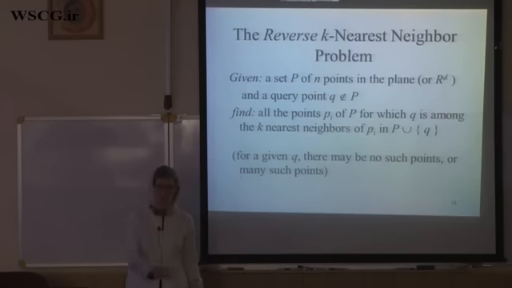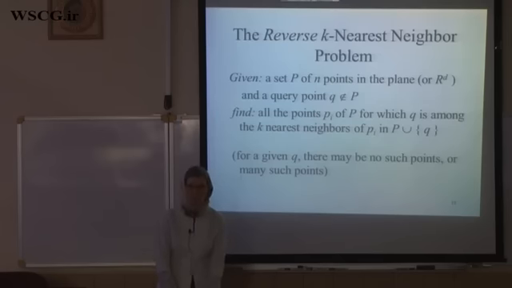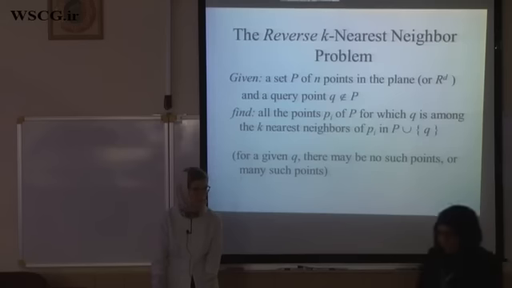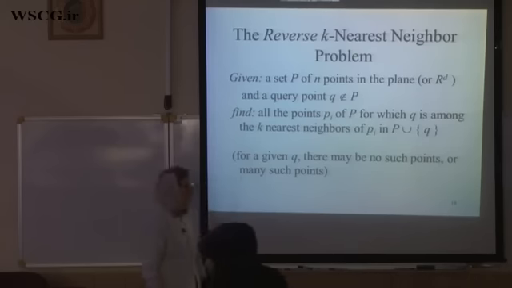So the query point, Q, is a new point that just dropped into the scene. And now what you want to know is for which of the points is the query point one of their nearest neighbors, or k nearest neighbors.